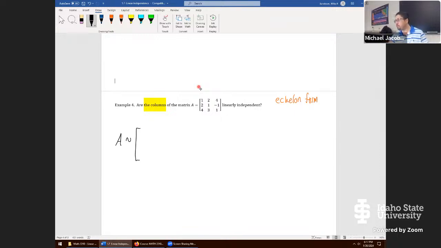So let's put in 1, 2, 4 row-wise. My first operation will be multiply row 1 by -2, add to the row below to get 0, -3, -9. Next operation, multiply row 1 by -4, add to the row way below, row 3, and we'll get 0 on this one.